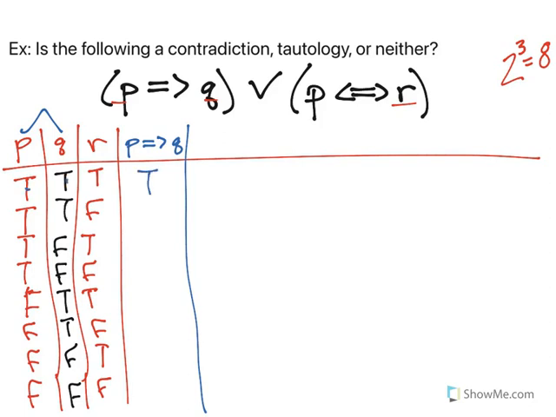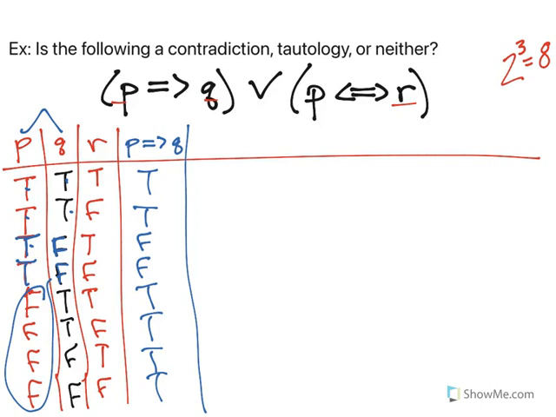That means this is true. True, true. That means this is true. True, false. Here it is. The front is true, but the back is false. Now down here, the front is always false, so these are all going to be true, because in a conditional it is only false when the front is true, but the back is false.